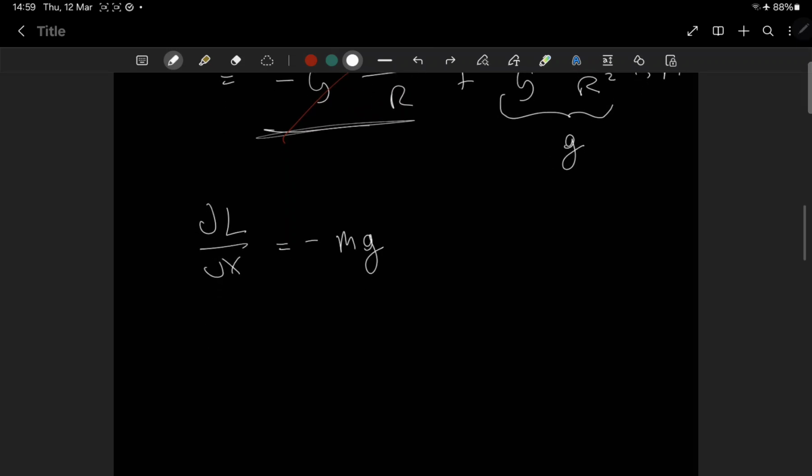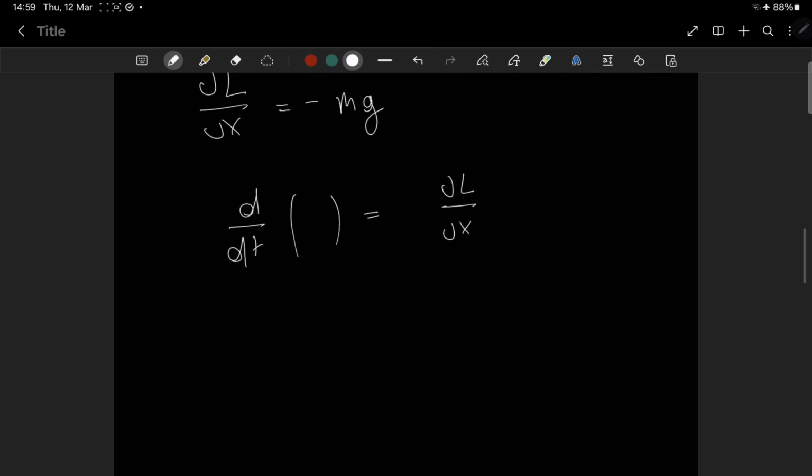So we can now calculate the Euler-Lagrange equation of motion. Let us write it down again: d by dt of partial L by partial x dot equals partial L by partial x. Recall that the kinetic energy is just half m x dot squared.